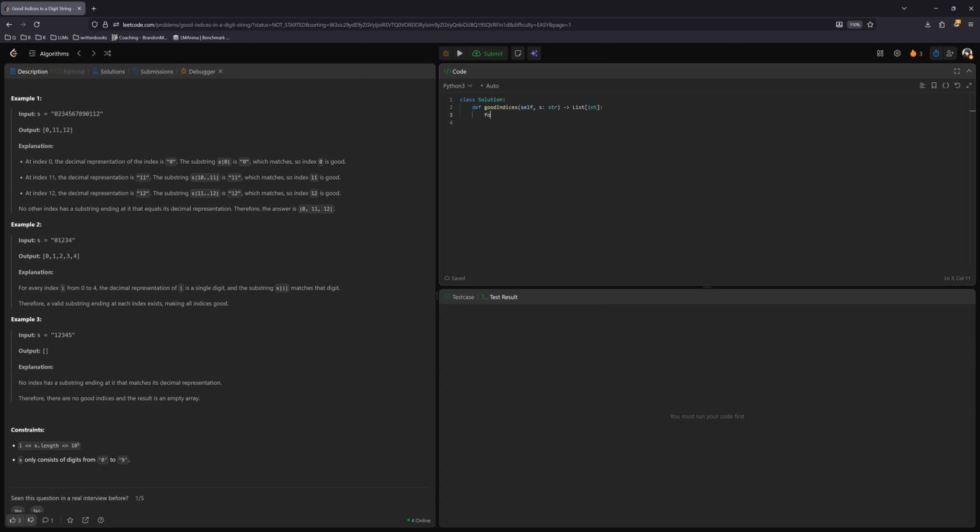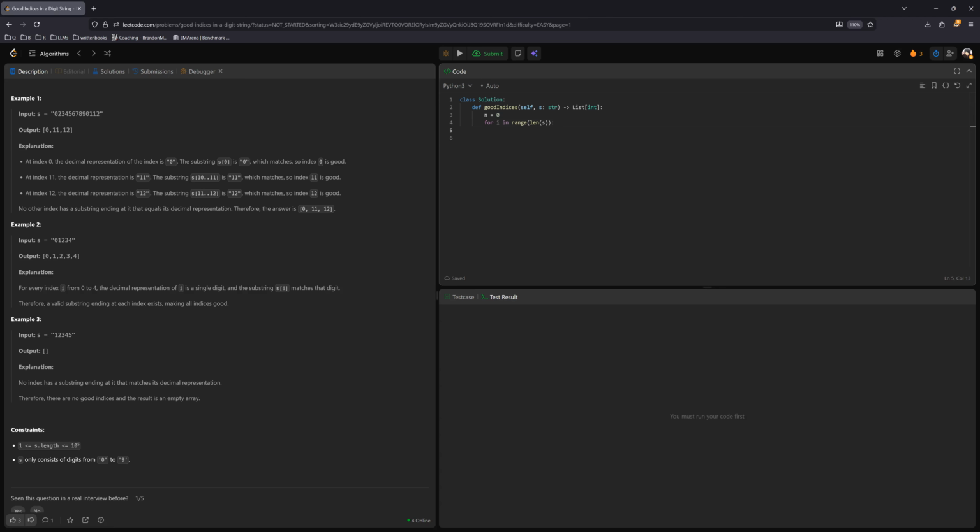Okay, so for I in range length of S, right? Now we're going to have a running number like this. Running number is going to be, well, 0, obviously.